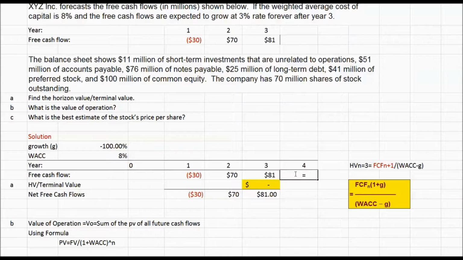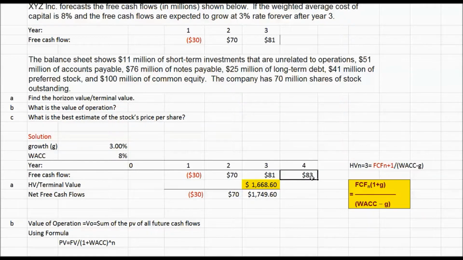So it equals 81 times 1 plus the growth rate. I forgot to put in our growth rate; it's 3%. So this equals our value at time n times 1 plus our growth rate. That's going to give you this value.